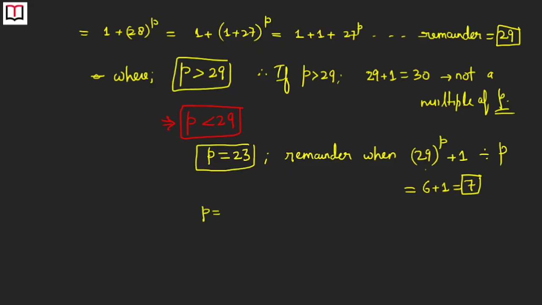Similarly, you can go for 19. In that case, the remainder will be 11, not possible. Then we have 17: the remainder will be 13, not possible. For p equal to 13, the remainder is 16 plus 1, which is 17, so 4, not possible.